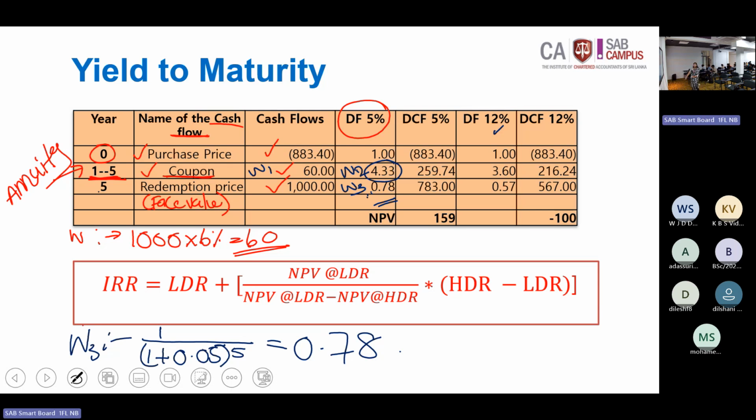Now, take the NPV of this column by taking the plus and minus values.